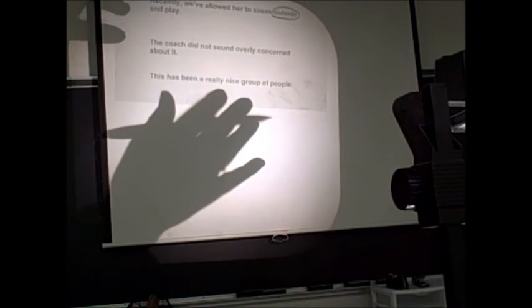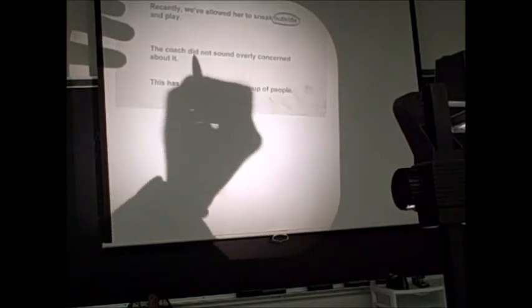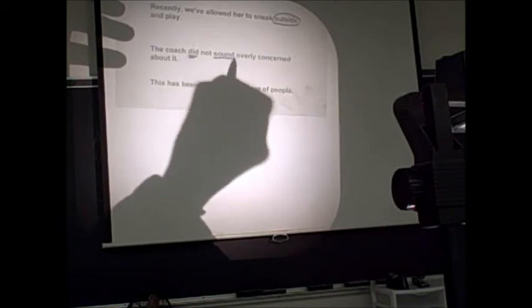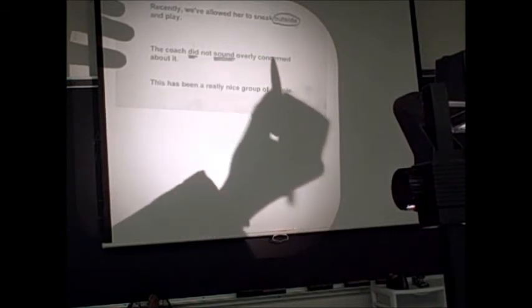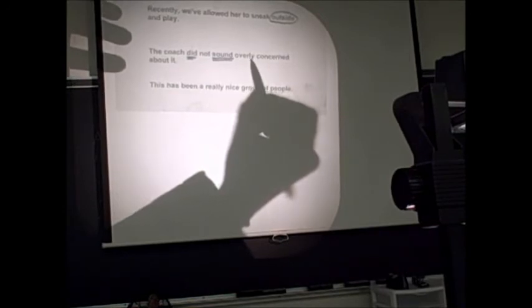All right, the last group has adverbs that answer the question to what degree or to what extent. Okay. The verb is did sound. Now this one ends in ly, so maybe it is the adverb that we're talking about here.